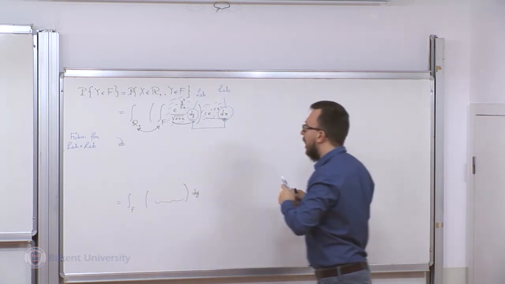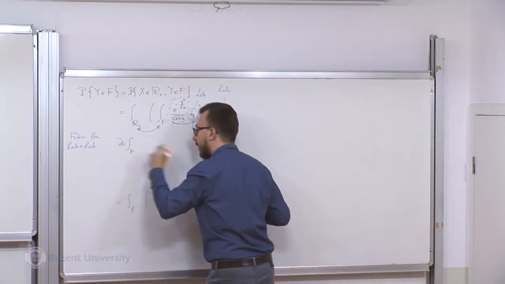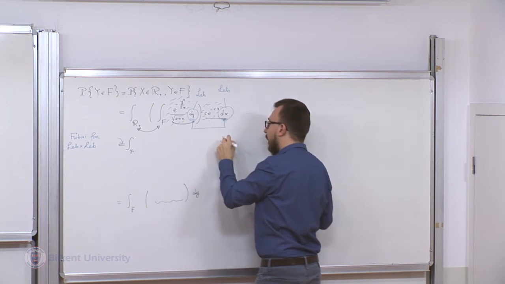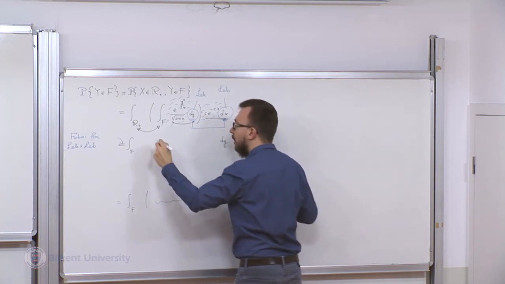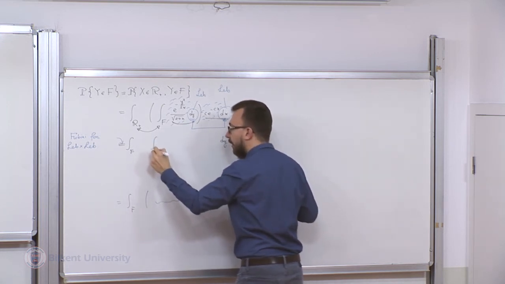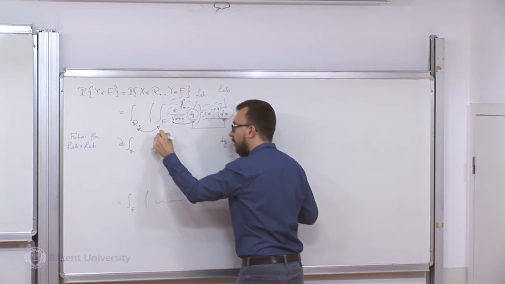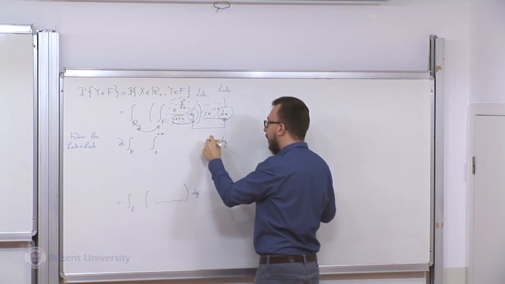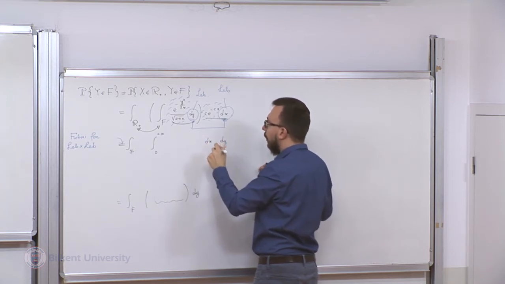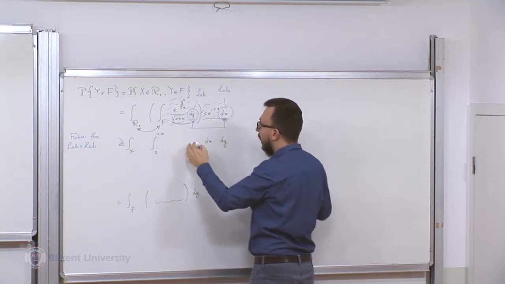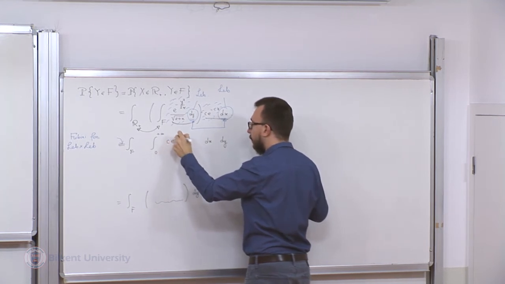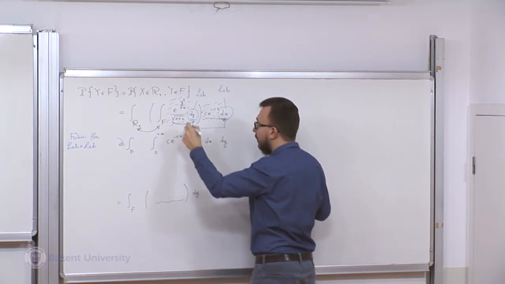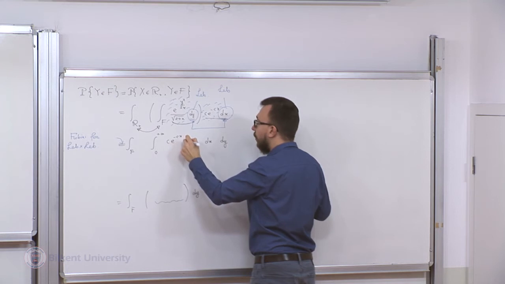So now this is an integral over f dy and an integral over R plus, let me write it as 0 to infinity, of everything about dx. Here, everything depends on x.